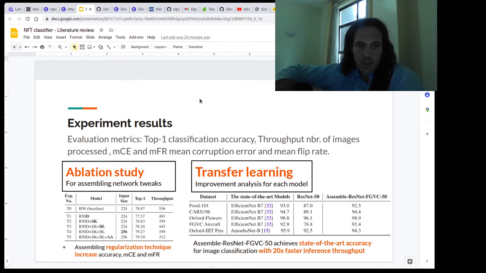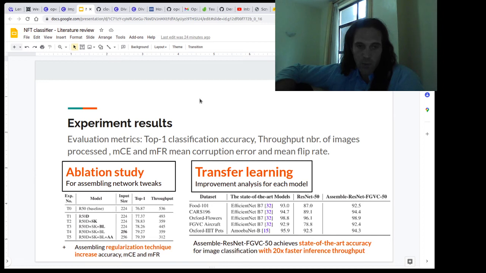As we can see on the first illustration at the left, the baseline model has been augmented with different network tweaks, and they don't all show the same performance.